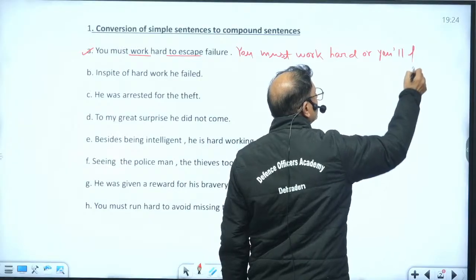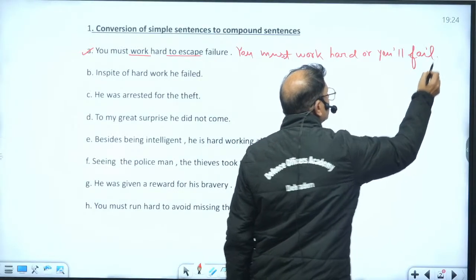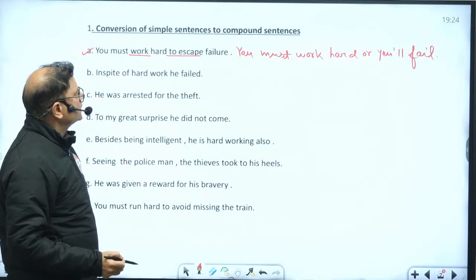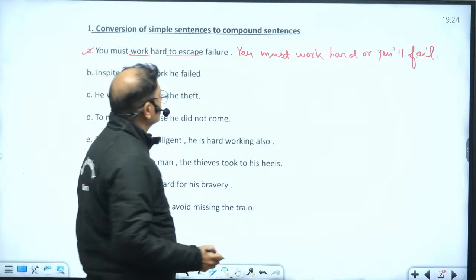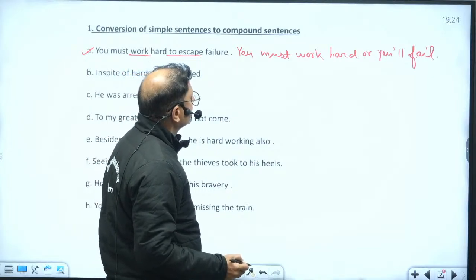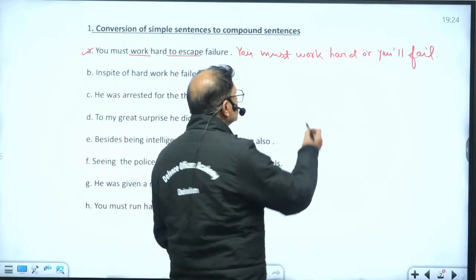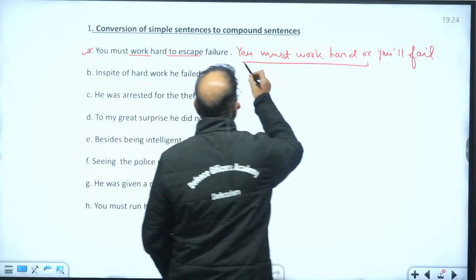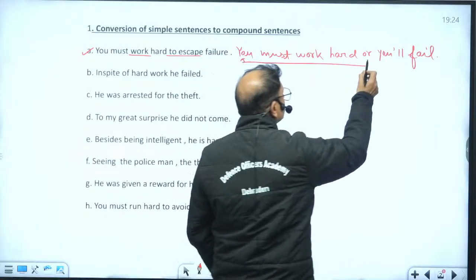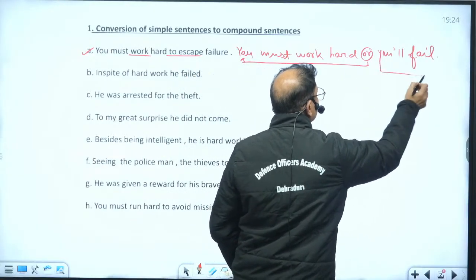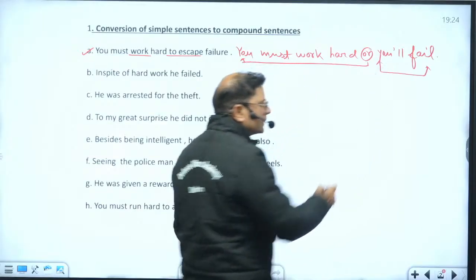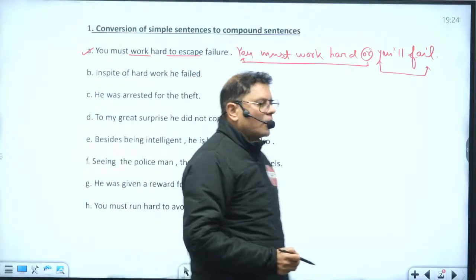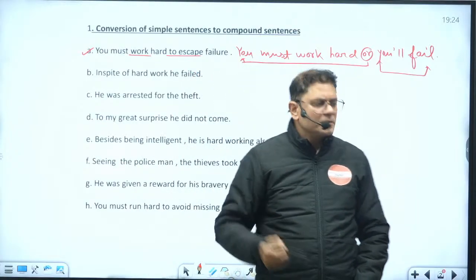So this becomes a compound sentence. We can see two independent clauses over there joined by "or". You must work hard, you will fail. They are equal, they are at the same level. So this is how we can change it in a very simple manner.